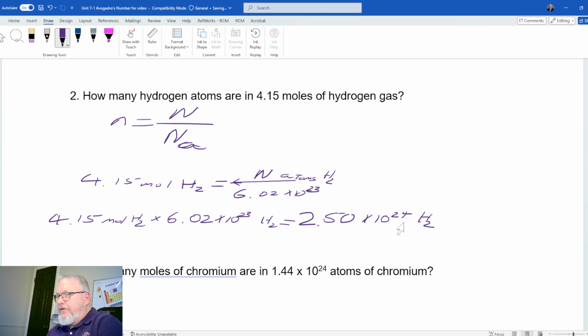So I've got 2 atoms in a particle of H2, so I'm going to need to multiply that times 2. So we'll get it right on the answer key, right? Times 2. And that'll give me 4.996 or 5.0 times 10 to the 24th atoms. Don't forget the exponent. Atoms of H. Because H2 is really sort of like a molecule.